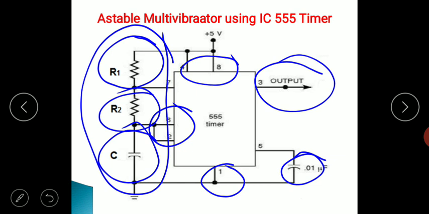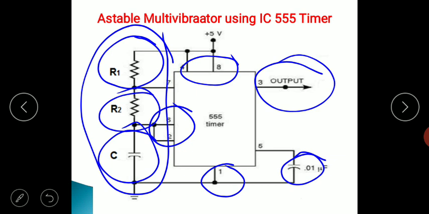Obviously it is a square wave, but how much time the square wave remains high and how much time it remains low, and what is the time period of the generated square wave, depends on these 3 elements: R1, R2 and capacitor C.